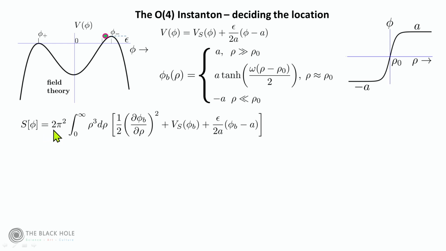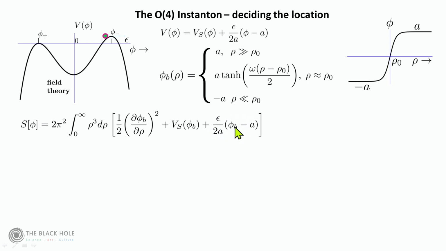Now what we would like to do is calculate this action. And it's got the usual kinetic energy and the potential energy piece in it, and it's got the asymmetric potential energy piece as well now.